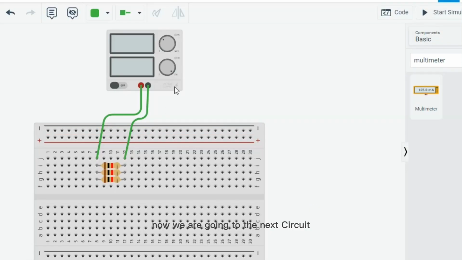Now we are going to the next circuit, which is the parallel circuit. Before that, I will show you the points. This is point 1, point 2, point 3, point 4, point 5, point 6, point 7, and point 8. We have 3 resistors this time, but they form more than one continuous current path this time.